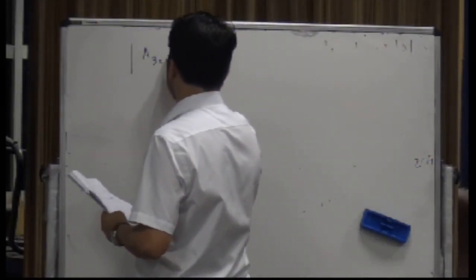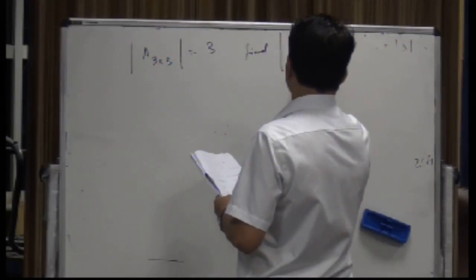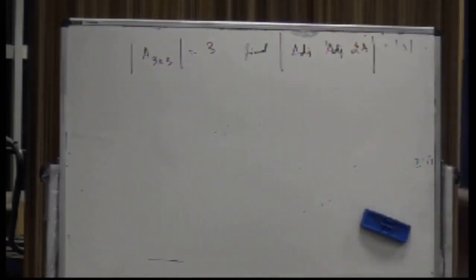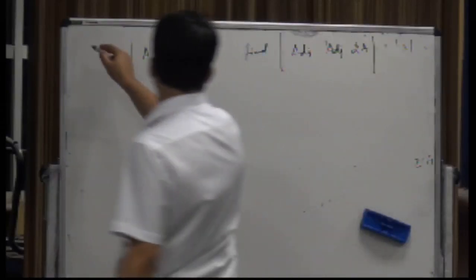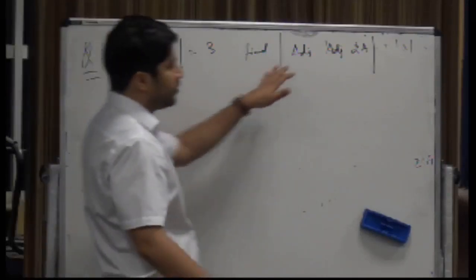Det of A, 3 by 3, is 3. Find adjoint of adjoint of 2A. See, adjoint को देख के घबराने की जरूरत नहीं है.